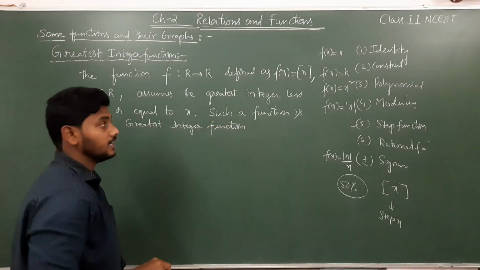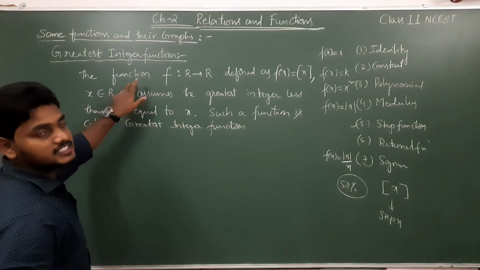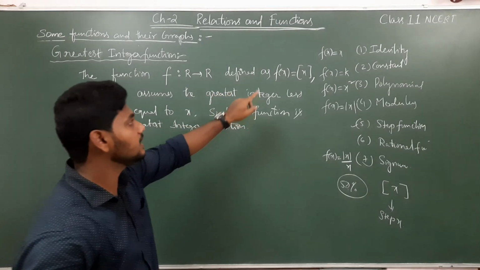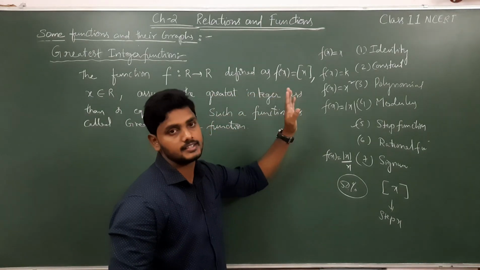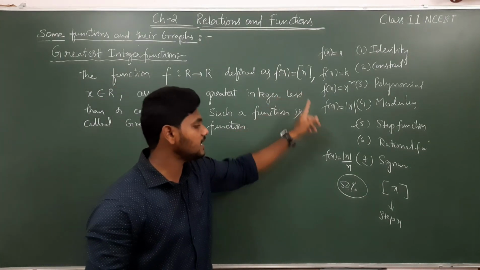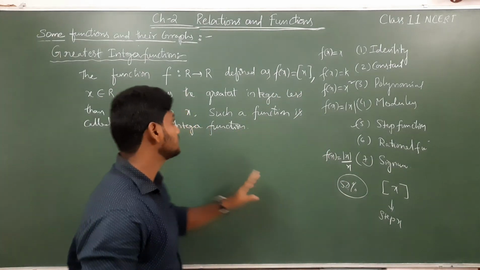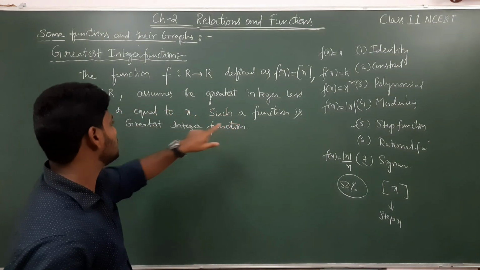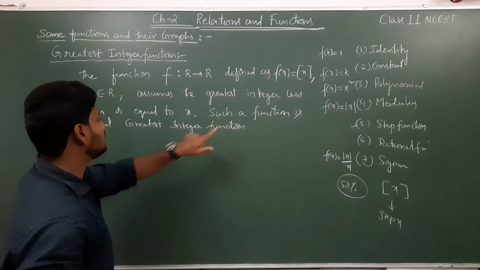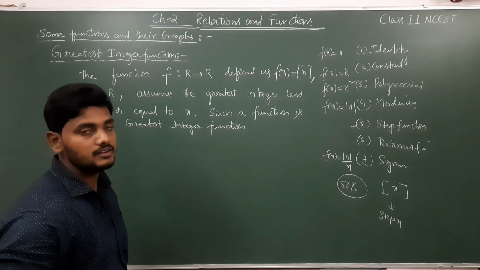Do you understand this? I think no. See, the function f from R tends to R defined by f of x equal to step x. We consider this function as the greatest integer function, but we will read it as step x, where x belongs to R, assumes the greatest integer less than or equal to x. Such a function is called the greatest integer function.